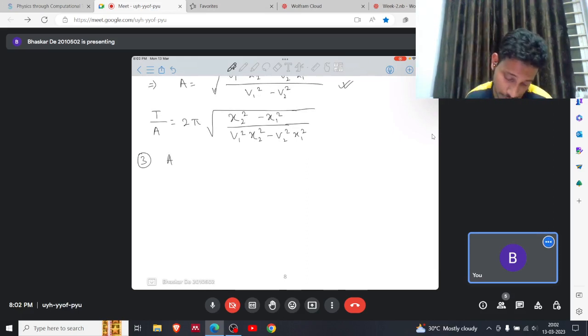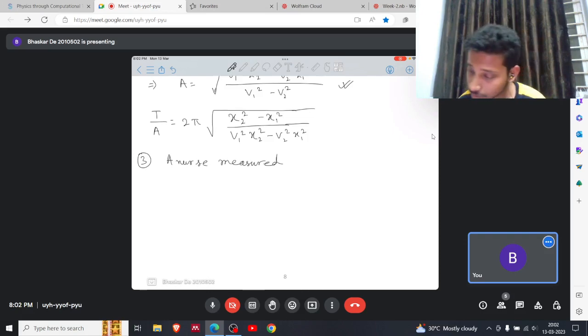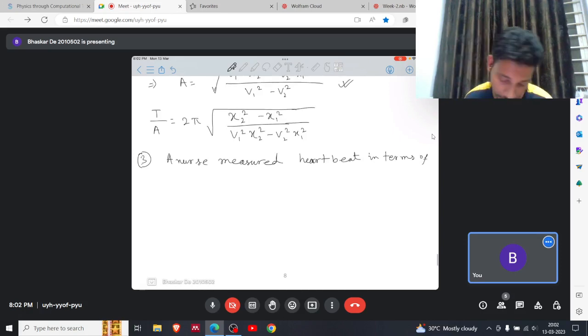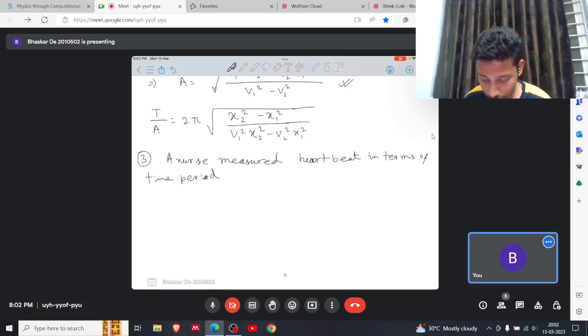So a nurse measured heartbeat in terms of time period which is 0.8 second. So T equal to 0.8.